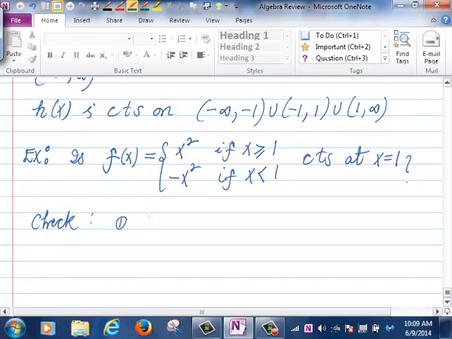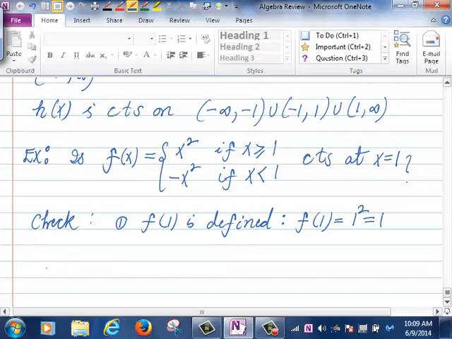Is it true? Well, yeah, because f of 1 would be given by the first formula. It would be 1 squared, which is 1. So f of 1 is defined.